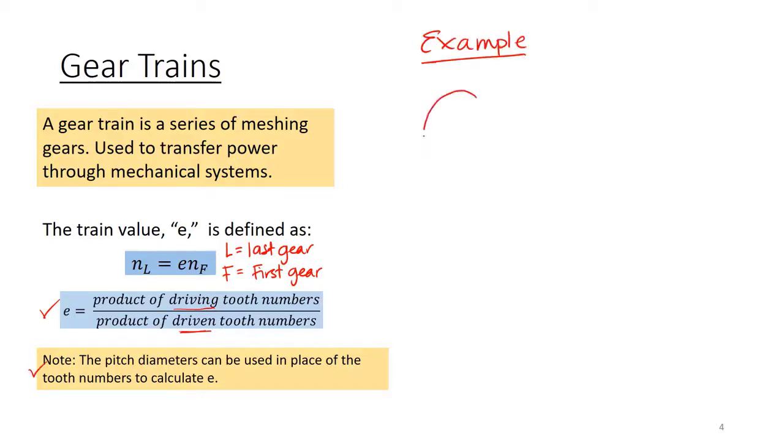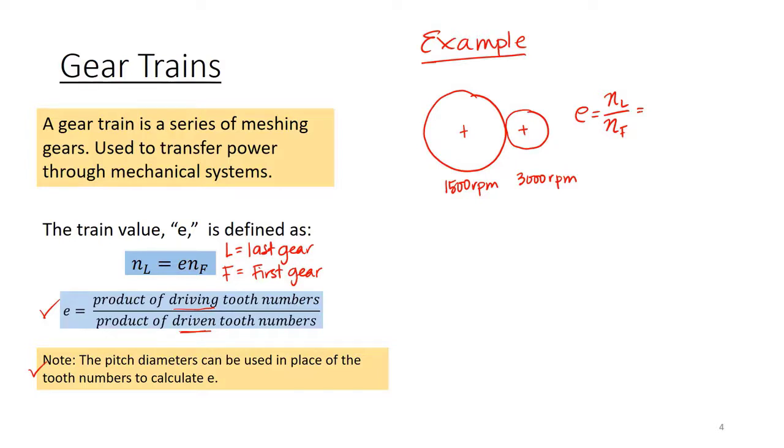Let's say we'll start with a bigger gear rotating at 1500 RPM, driving a pinion, remember the pinion is a smaller gear, at 3000 RPM. So what's the train value here? It's the speed of the last gear divided by the speed of the first gear. In this case, we don't have a long gear train.